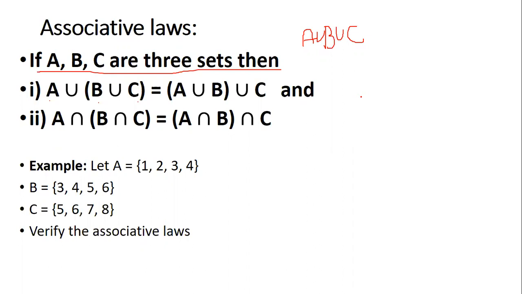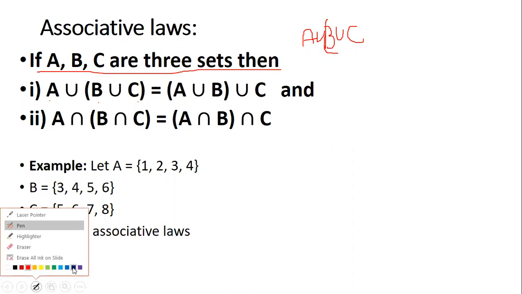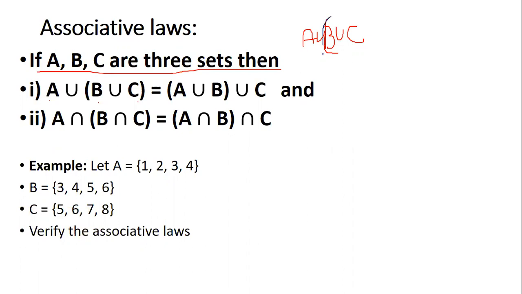So what we will do is first we will take the union of B and C. And then you will get one set here, B union C. Using that set, we are going to find the union with A.